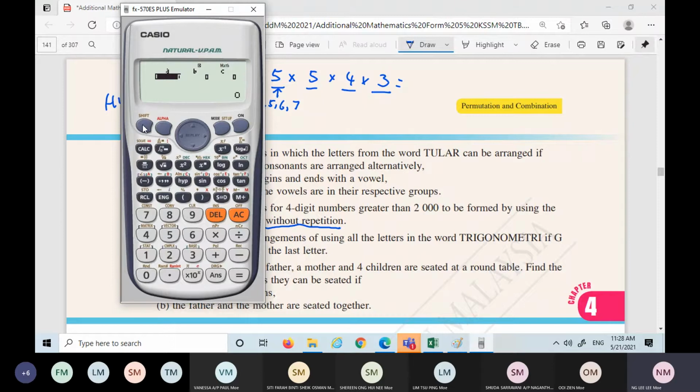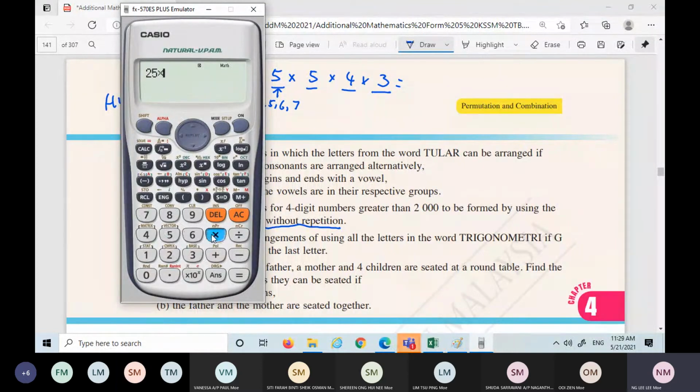Anyone know how to use this calculator to clear all? Black color, yeah, clear all. Teacher, mode 1. Yeah. Mode, then 1. That's all. Oh, thank you.